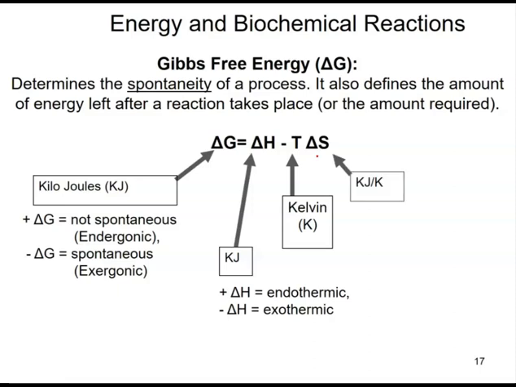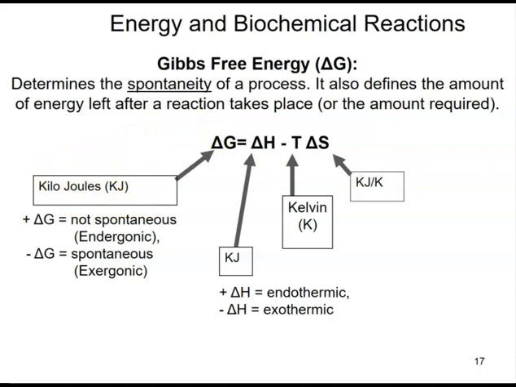And then the entropy value is going to be in kilojoules per Kelvin. This helps us, because when we multiply these together, we get a kilojoule value that we can subtract from the kilojoule value of the enthalpy, and then the ending units are the same.